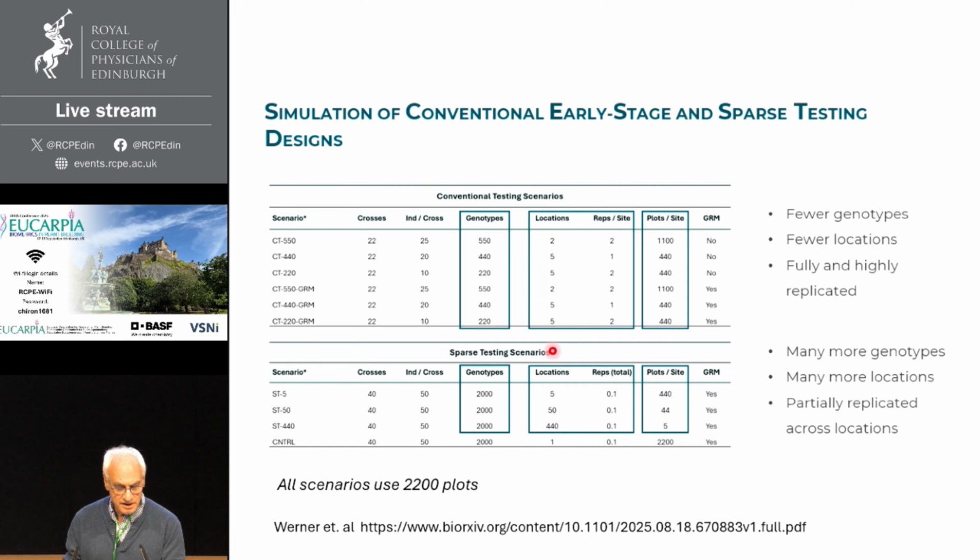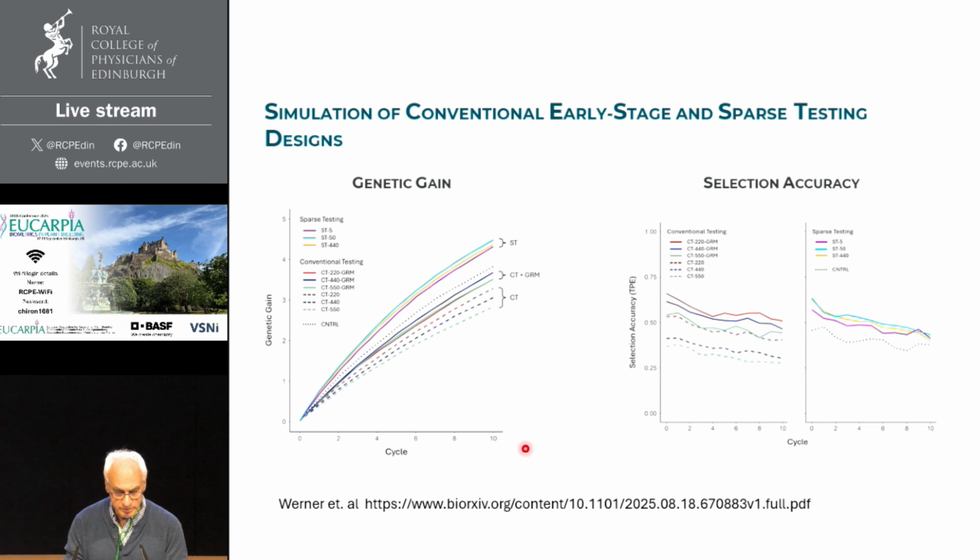And then a set of complementary sparse testing scenarios that involve 2,000 genotypes partially replicated at 10%, allocated or divided among either 5, 50, or 440 locations. With that partial replication, compared with the treatment called the control, which was these 2,000 genotypes evaluated as a single location. And each scenario involved 2,200 plots.